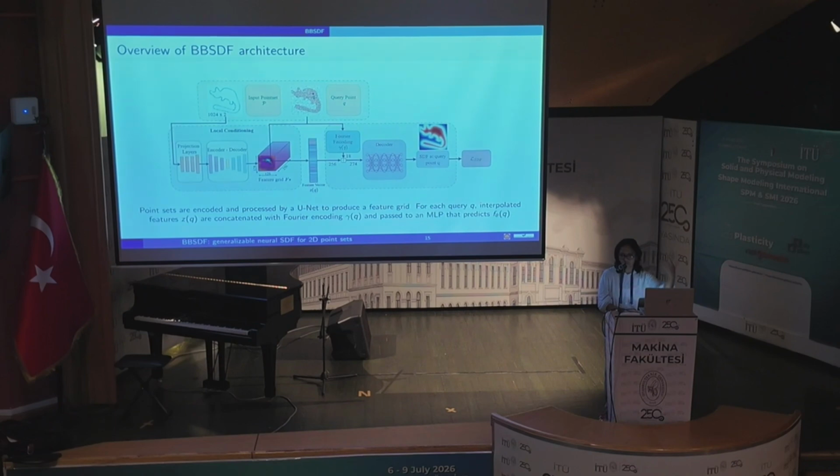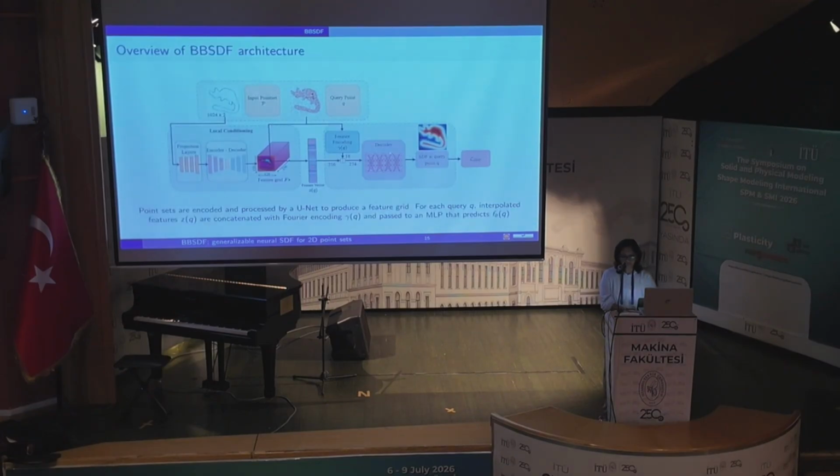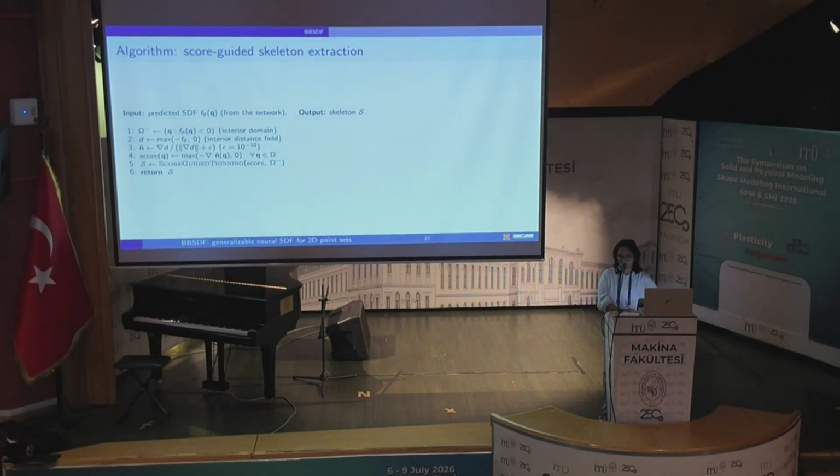This is trained on all the 1,176 training shapes that we created. You can see the predicted sign distance field already has the medial axis coming out of it. The divergence of the field is used to create a score using which we extract the skeleton. This algorithm explains the SDF skeleton extraction process.